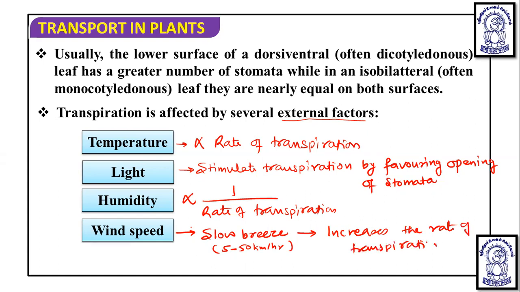Why does it increase? Suppose some salts have accumulated over the leaf surface, and due to this the stomata are not carrying out transpiration. At a slow breeze all this will be removed, and due to this transpiration will increase.